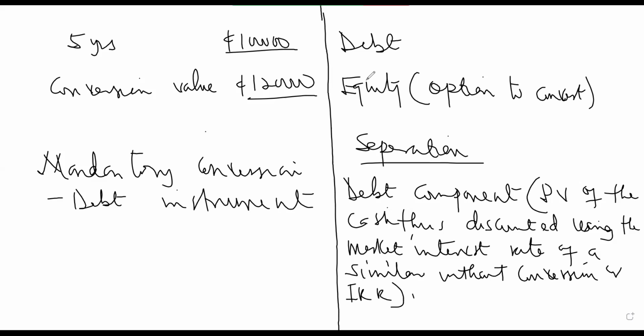Okay, we are just using cost of debt. So it's the present value of all the cash flows discounted using the market interest rate of a similar instrument without conversion or the internal rate of return of the company.